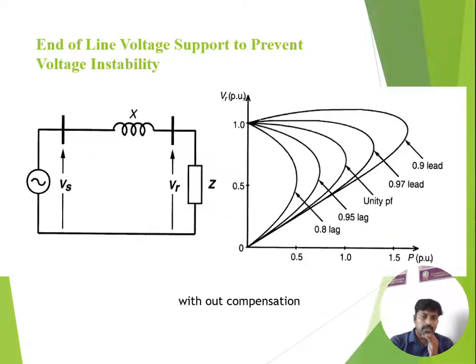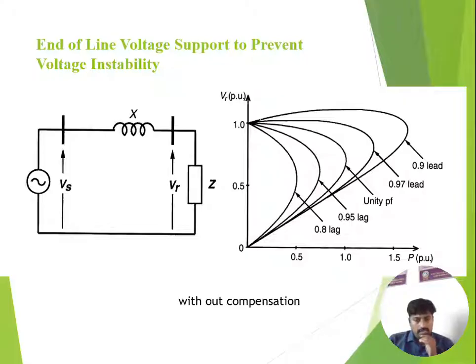Next comes the second thing: end line voltage support to prevent voltage instability. That means the second objective is shunt compensation to improve the voltage stability. So you can consider the cases with compensation and without compensation.